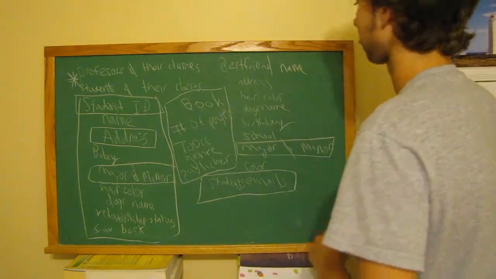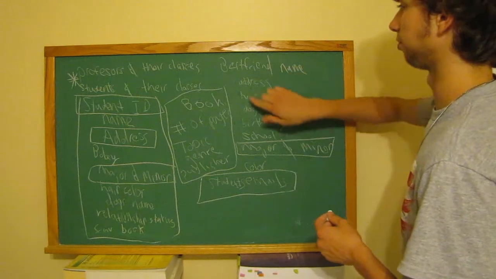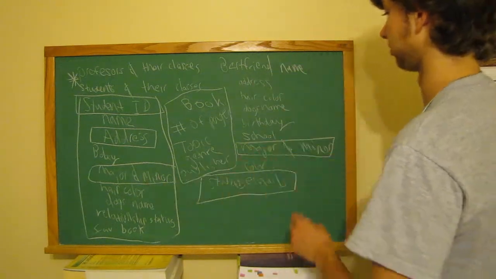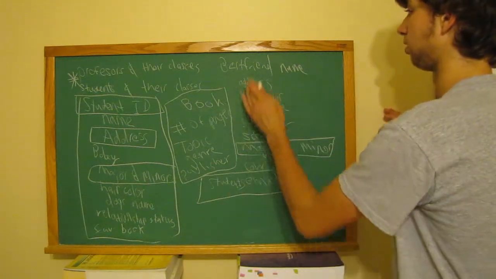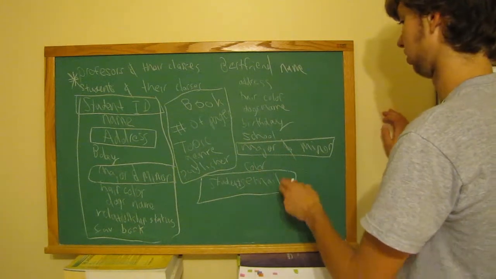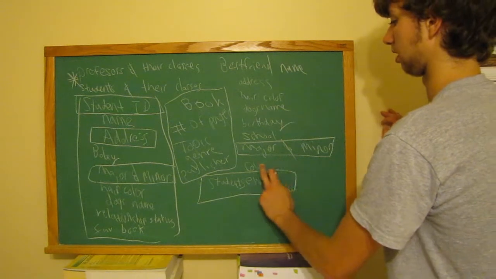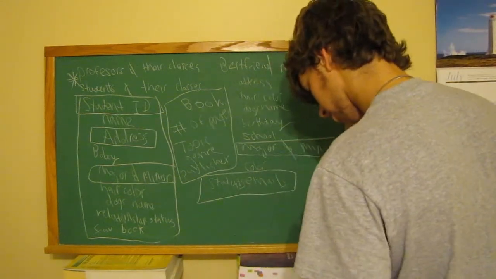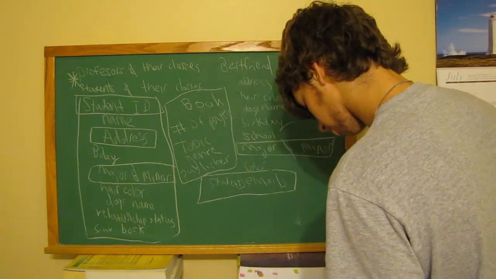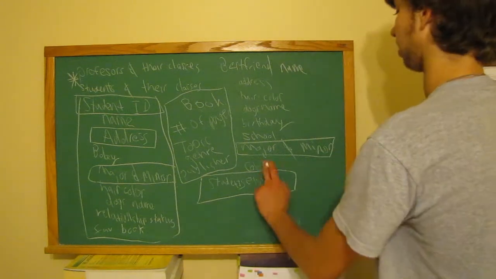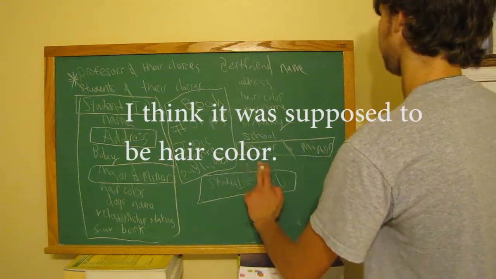And now you see best friend's name, then address. These are all for the best friend, because we already have a list over here. So this all goes to the best friend. I have no idea why that color is there. Was that on my list? I don't see it. I don't know why I wrote that, so I'm just going to erase that.